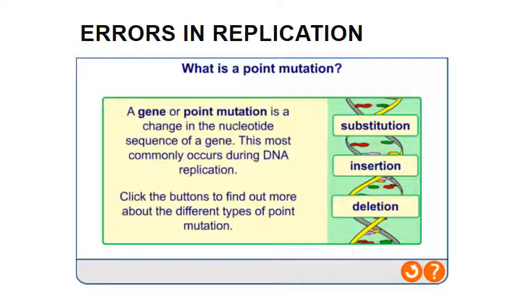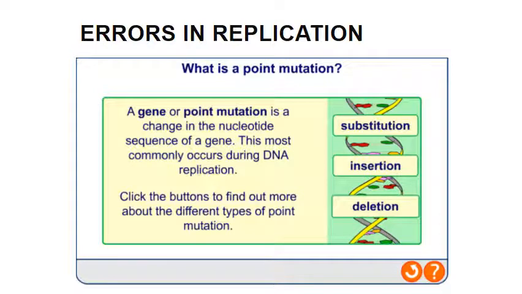So, errors in replication. Let's just recap on 3 that we looked at in booklet 7 at the end of the first year. Each of these, substitution, is referred to here as an insertion, but our specification means an addition or a deletion.